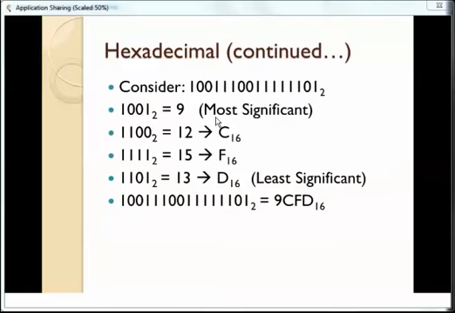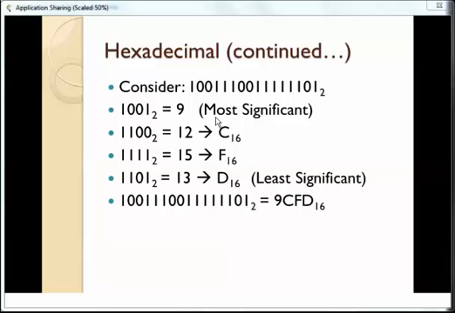Okay, so picking up with the example that we started previously, we have a very long string of binary digits, and we'd like to convert that to hexadecimal. So let's take the first 4 bits of the binary string, 1001 base 2, and let's convert that to a decimal representation.